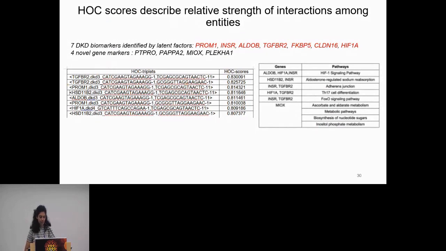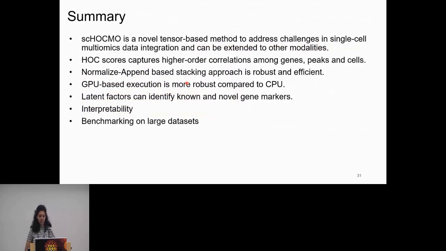So, in summary, we developed this novel tensor based method, scHOCMO, to address challenges in single cell multi-omics data integration, creating a unified representation. The Hawk scores are capable of capturing the higher order correlations among genes, peaks, and cells in this case, and can be extended to include other modalities.